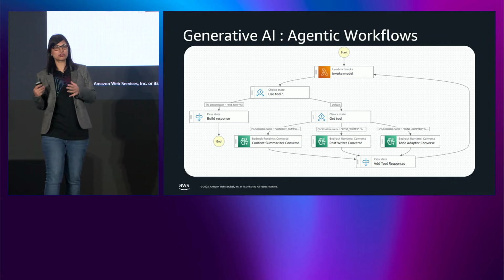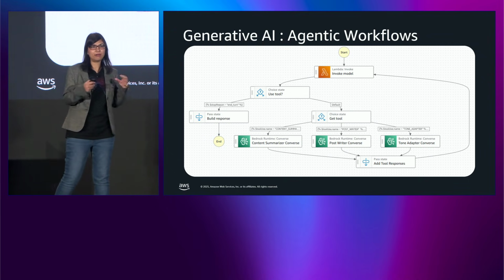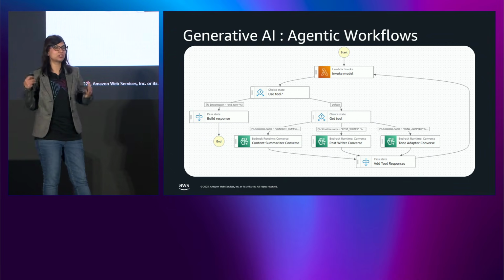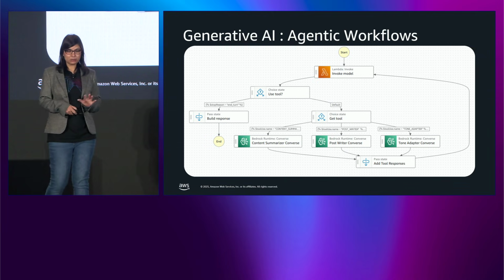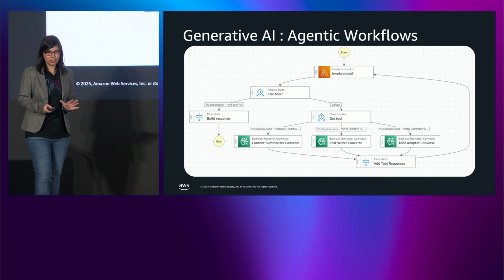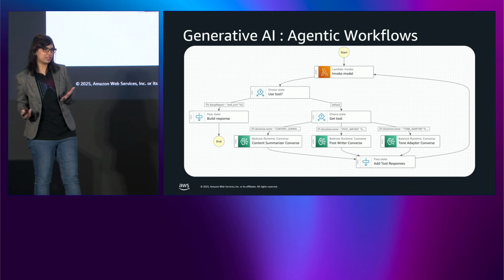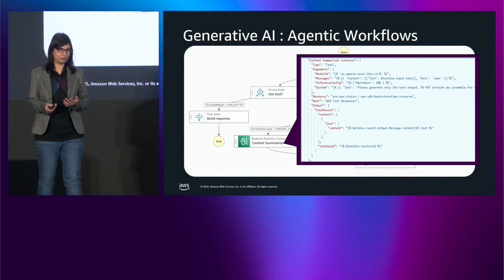But at least you should not have to go back to Lambda for every single small transformation. You should be able to do pretty complex transformations within Step Functions itself. So the microservice architecture pattern would still apply, but at least you don't have to create a Lambda function out of everything.